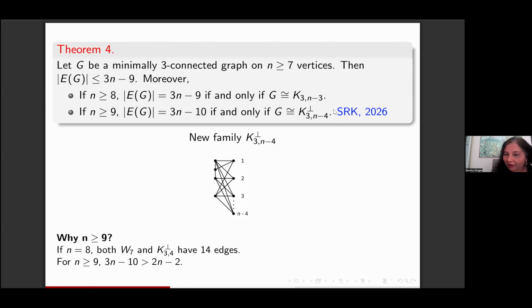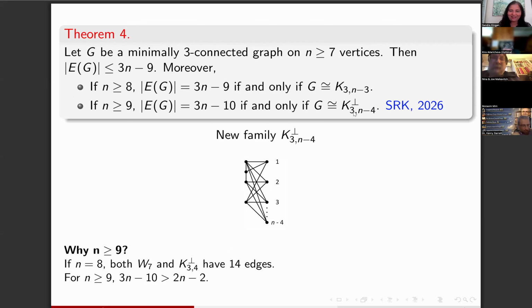So I was able to find the extremal graphs with 3n minus 10 edges. I know that I'm just going from 3n minus 9 to 3n minus 10, but there's a result there, and it just fell out from Dirac's proof. I really didn't have to do anything. It was staring at me the whole time, so it wasn't like I was searching for something.